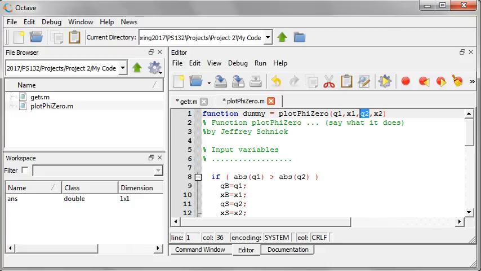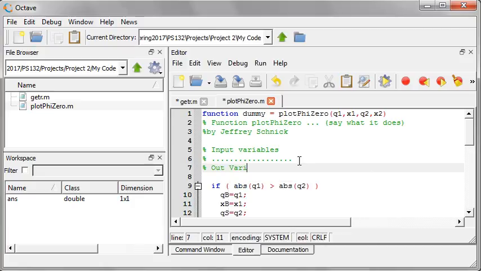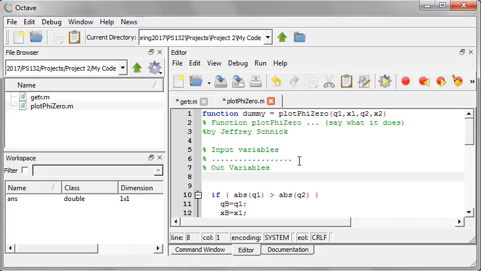So, alright, let's pretend like you put down all the input variables, output variables, you explicitly address it, but there are none. So you tell them that there are none.